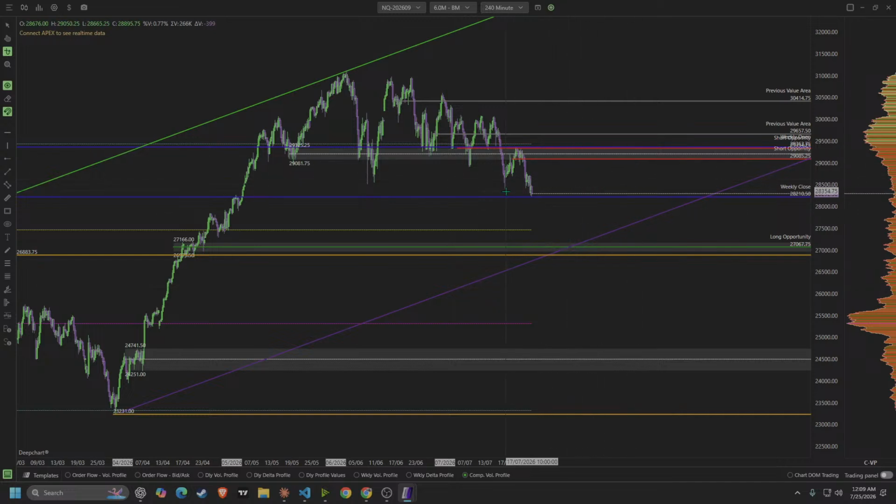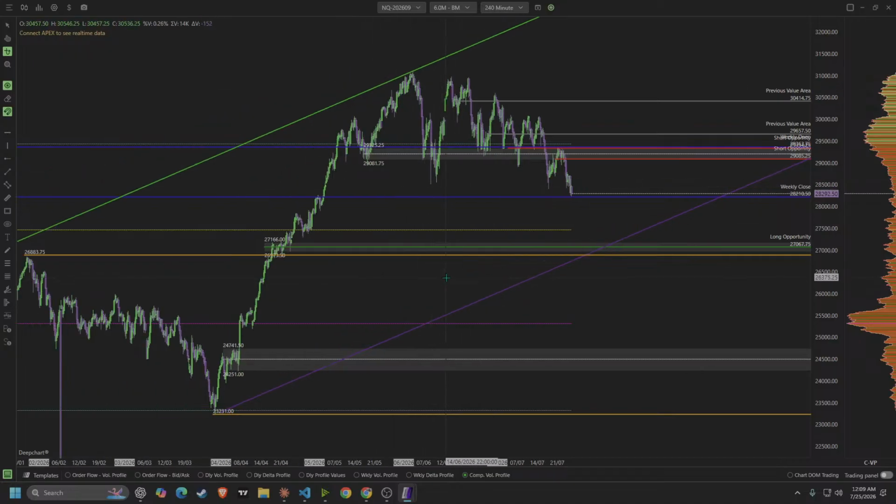But generally, when we take out a low, you can see we retrace back. And we take out the next low and we retrace back. We take out this low and we retrace back. It took a while for us to retrace back to take out this low because it just got bought back up.